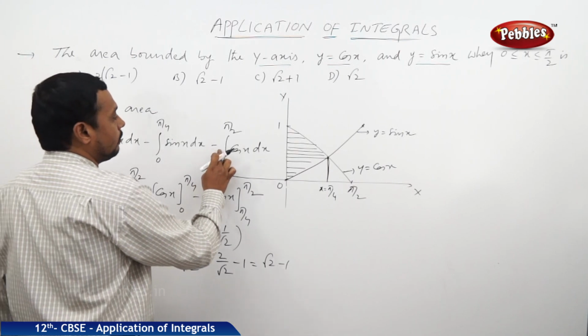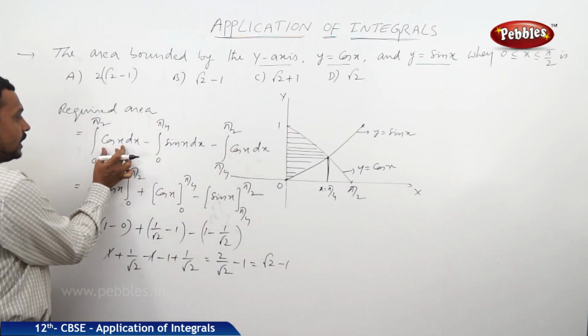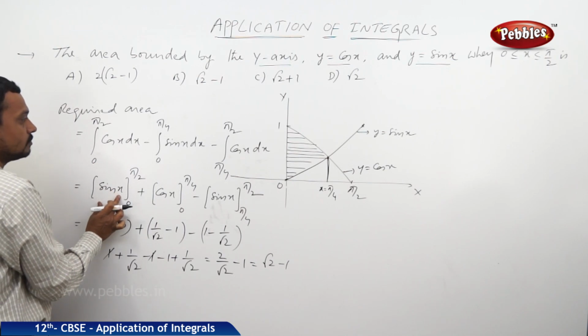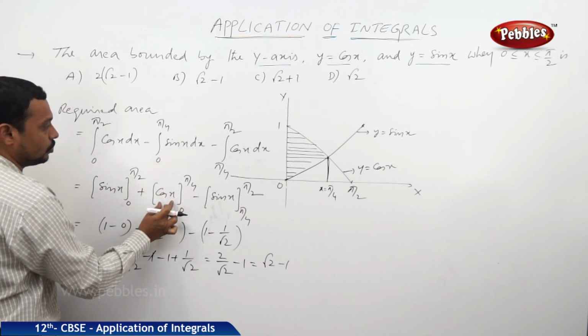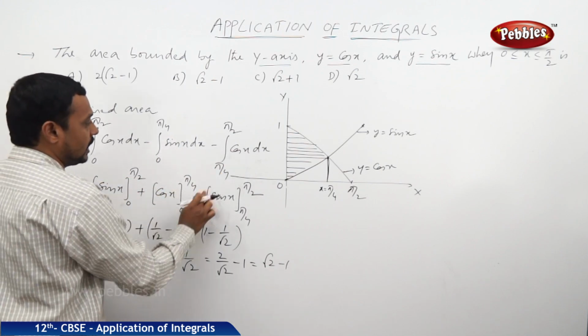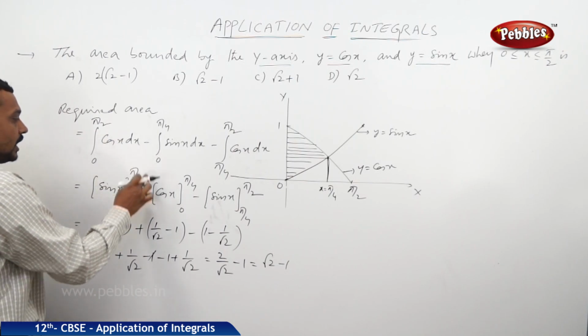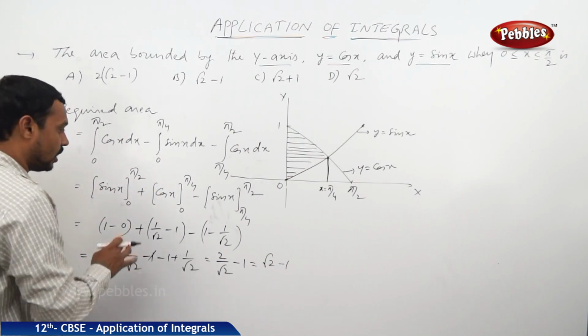So minus the integral from pi by 4 to pi by 2 of cos x dx. Now the integral of cos x is sin x. The integral of sin x is minus cos x, that minus with minus plus cos x, and minus the integral of cos x is sin x, and here applying the upper and lower limits.